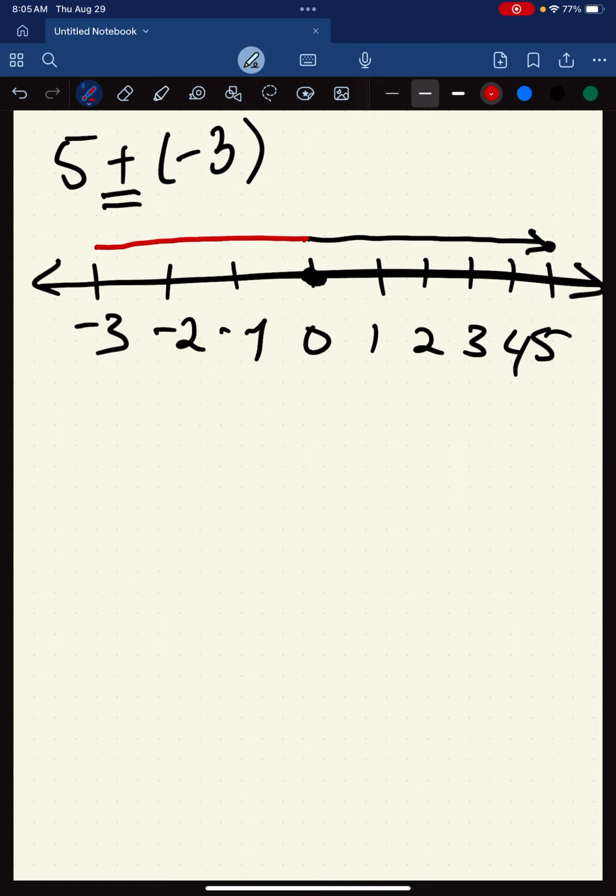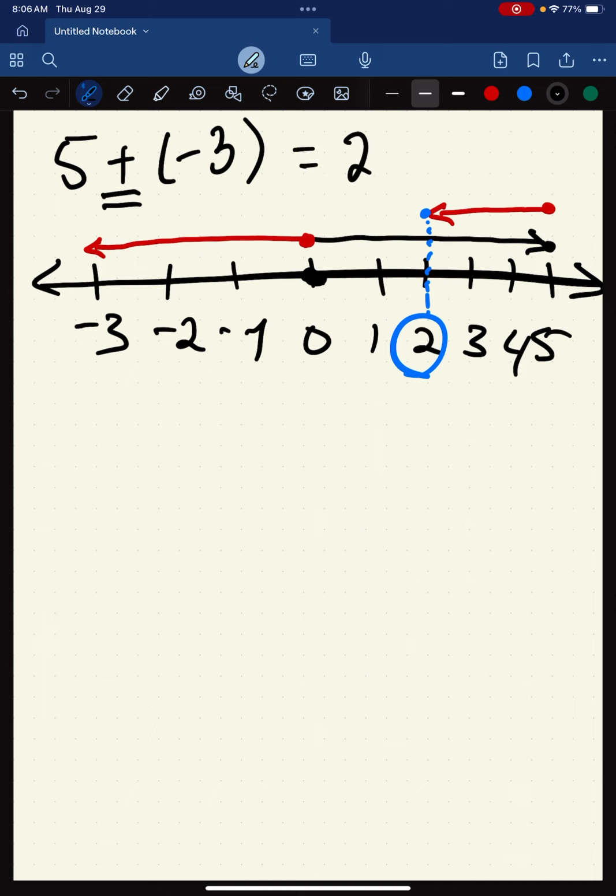So if we take the tail of that and put it to the tip of the previous one that we did, so we already took 5 paces to the right. Now we're going to take 1, 2, 3 paces to the left. We end up with, and I'll use blue here, a number, which is 2. So this is visually what we're doing whenever we say 5 plus negative 3 is 2.